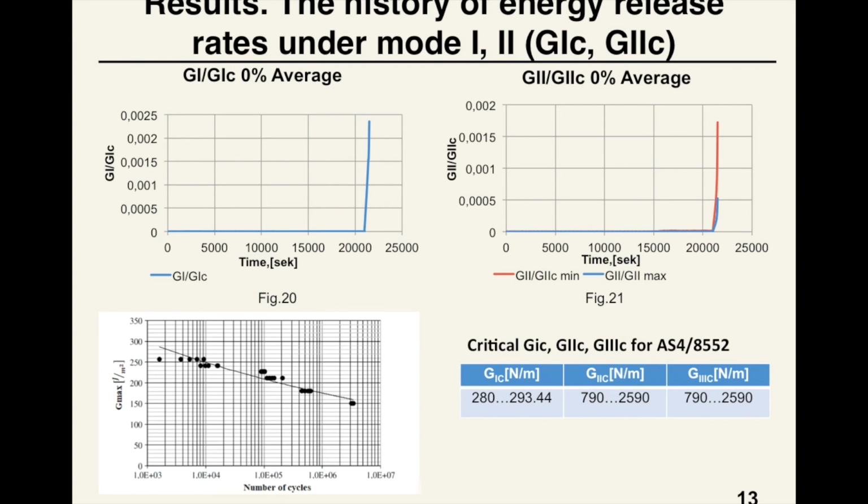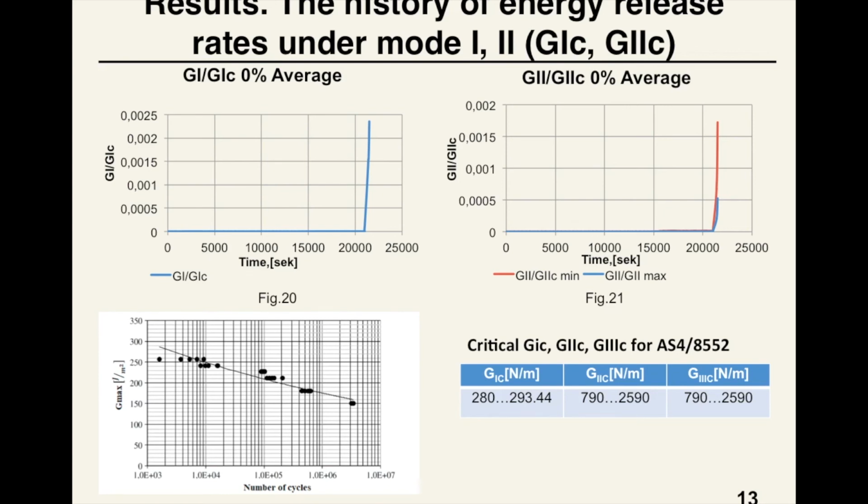Real composite structures can work under cyclical loads. Under cyclic loading, the limiting critical energy release rates tend to decrease with the increasing number of cycles. On the current slide, the change in the normalized fracture energy Gmax, depending on the number of cycles obtained during the experimental study, is shown for the material AS4/8552 of Hexcel.